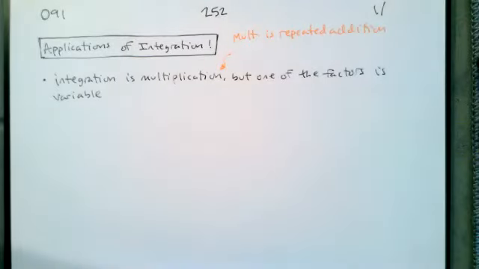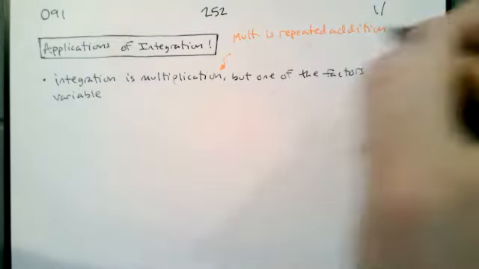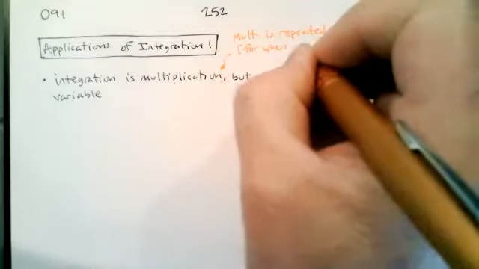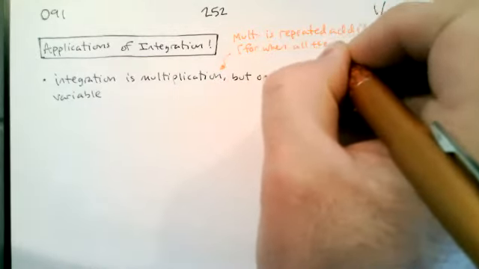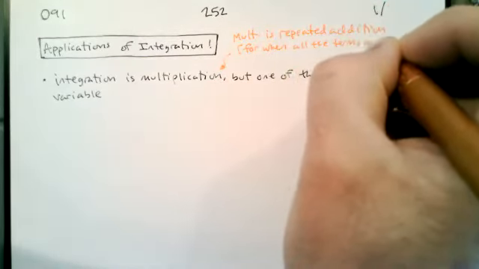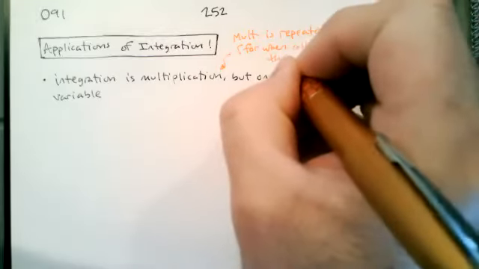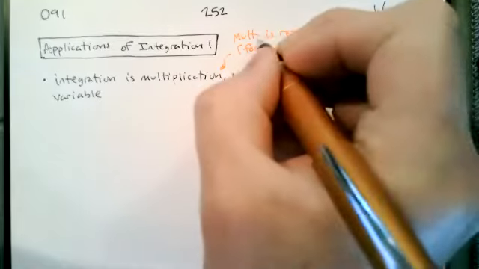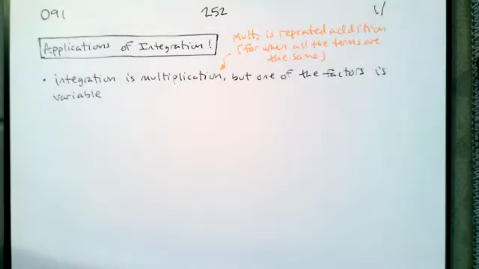That is, multiplication is a shortcut when all of our terms are the same. We use it when all the terms are the same. We want to think of it as something that we get to do.